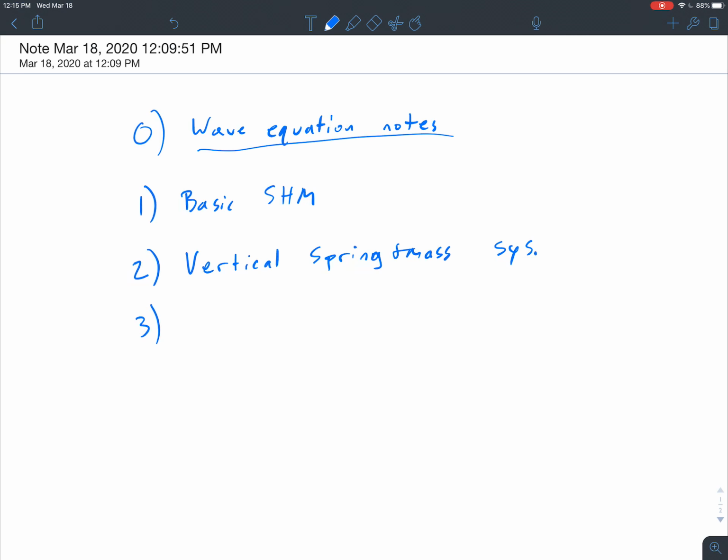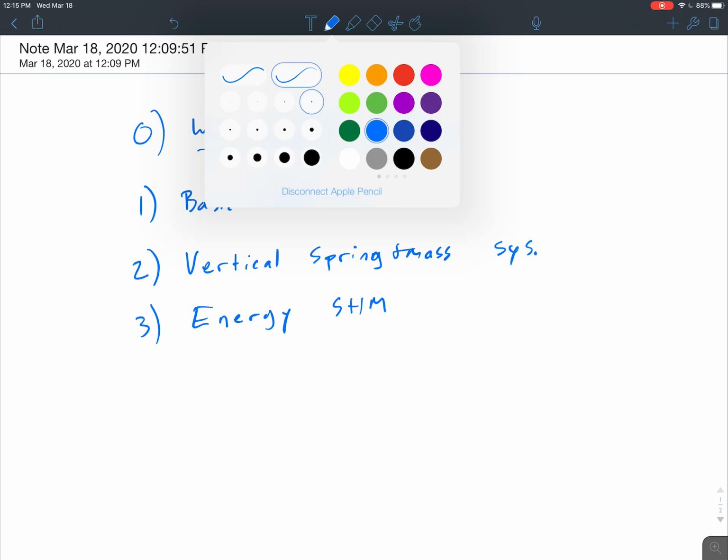And then finally we'll do the energy of simple harmonic motion. Make sure you read those wave equation notes. I might cover some very basic graphing here, but the next video will probably have more graphing, when we talk more about the wave equation. Well, let's get silly.